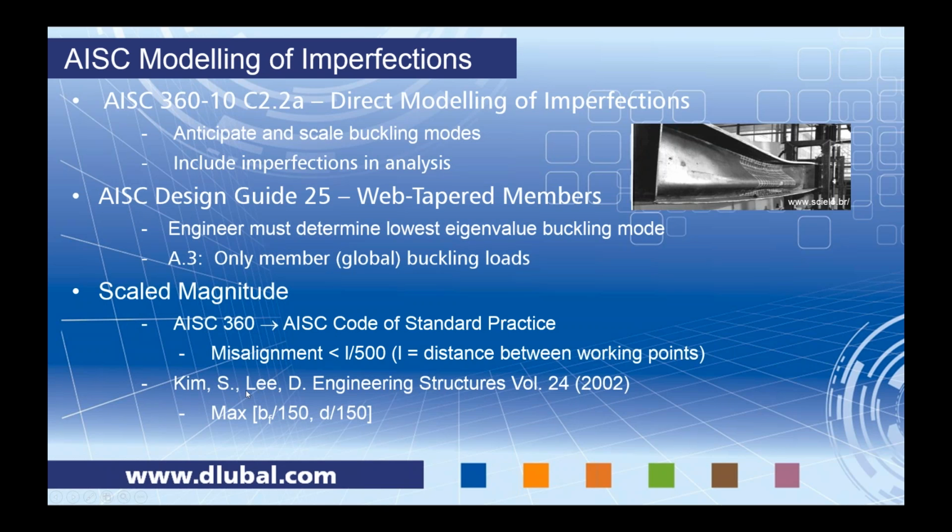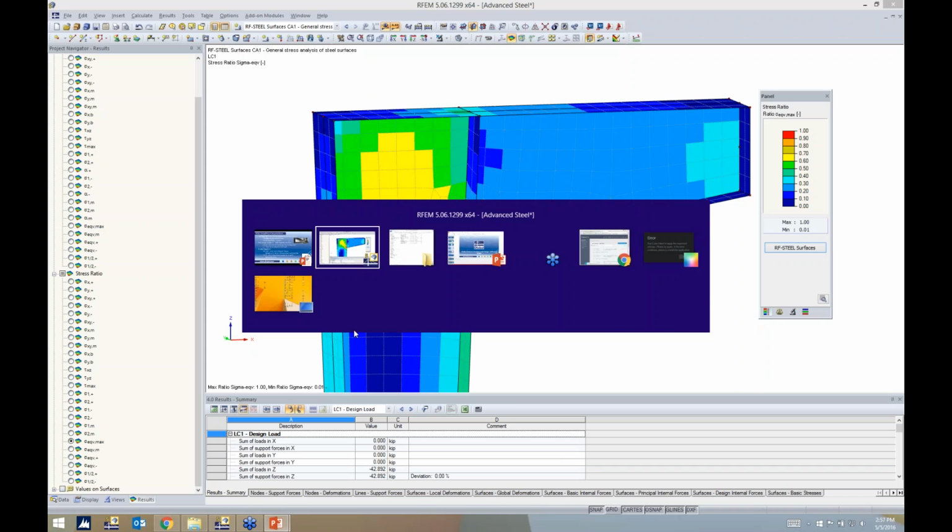I also found the reference from Kim and Lee, Engineering Structures, Volume 24. They suggest on the local level to use the max of our flange width divided by 150 or our depth divided by 150. I've also seen people use a percentage of the plate thickness. So it's up to you on this local level how you want to scale. For us, we're going to stick with the AISC Code of Standard Practice.